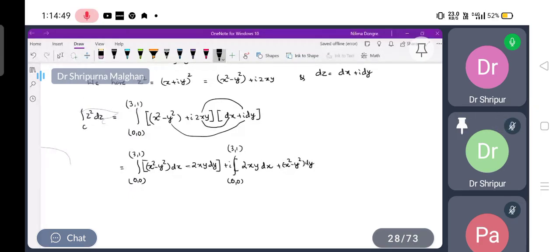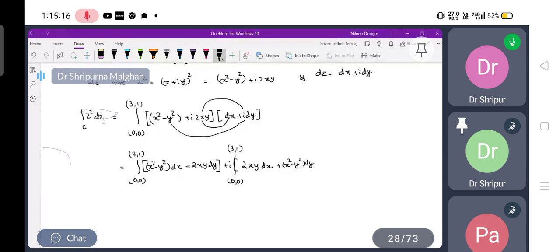Whichever variable is easier for us, we substitute that. We are asked to evaluate along the line joining 0,0 and 3,1, and you have found out the equation of the line joining 0,0 and 3,1 as y is equal to x by 3, we already did that. But instead of substituting for y and dy, we substitute for x because it will not contain any denominators.